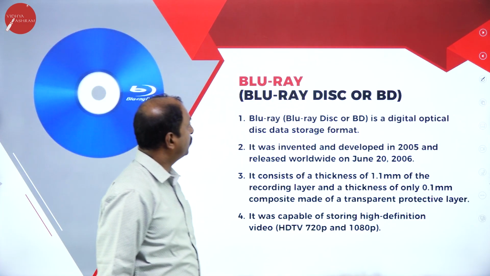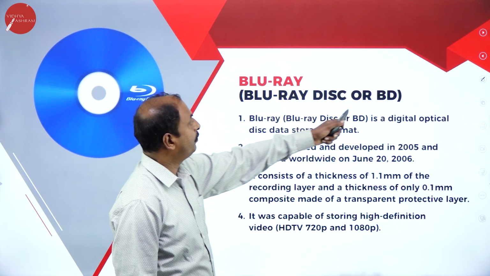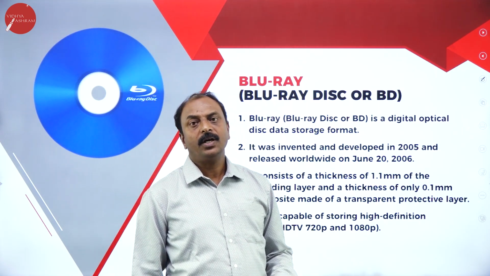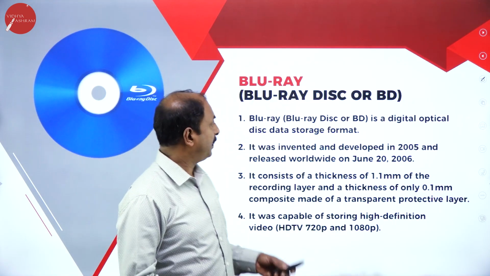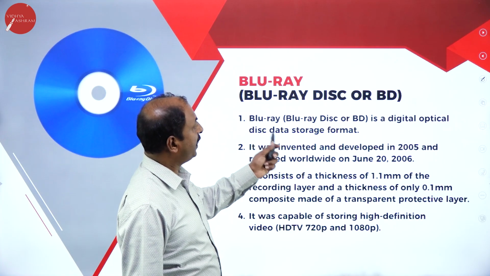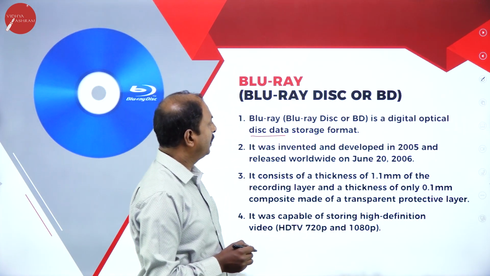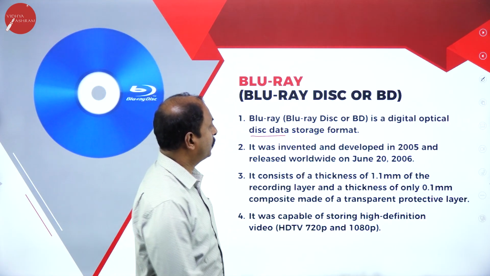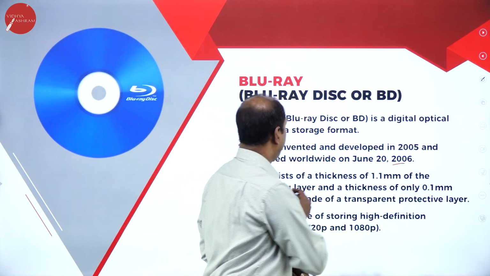Now let us move on to the next slide. It is the Blu-ray disc, BR. This is another optical storage device. You could have seen the image of that. Blu-ray is a digital optical disc data storage format, invented and developed in 2005 and released worldwide in 2006.